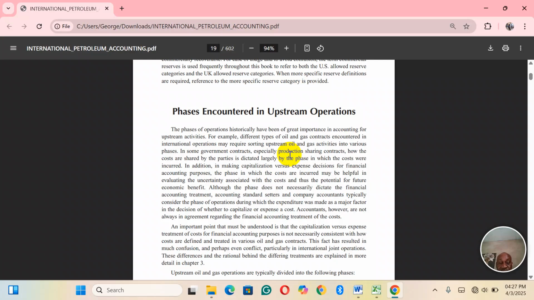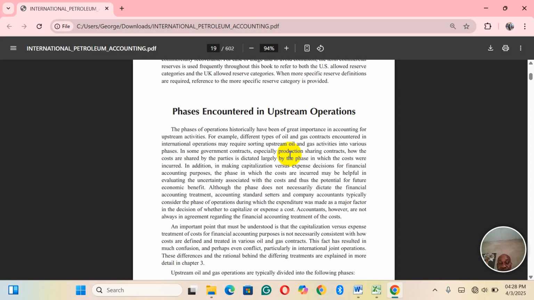In addition, in making the capitalization versus expense decision for financial accounting purposes, the phase in which the costs are incurred may be helpful in evaluating the uncertainty associated with the cost and the potential for future economic benefits.